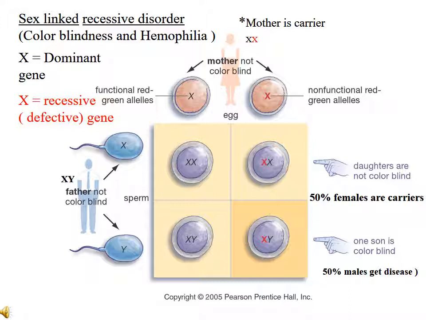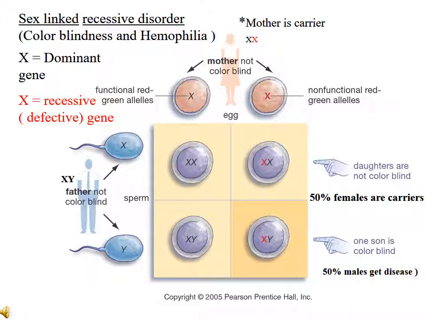In this case, the mother is a carrier. She is not colorblind. The father has a black X and a Y. The father does not have a condition of colorblindness.